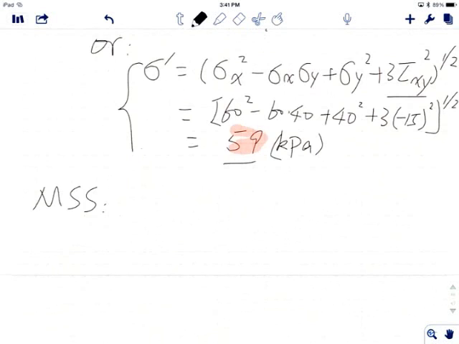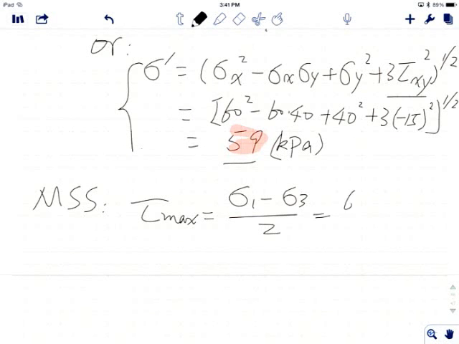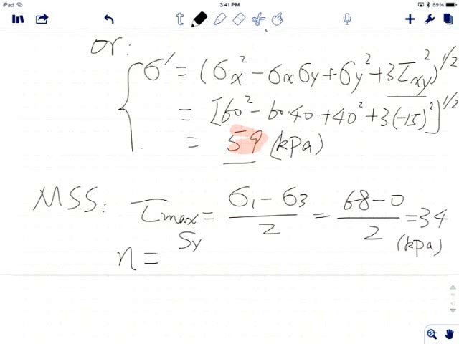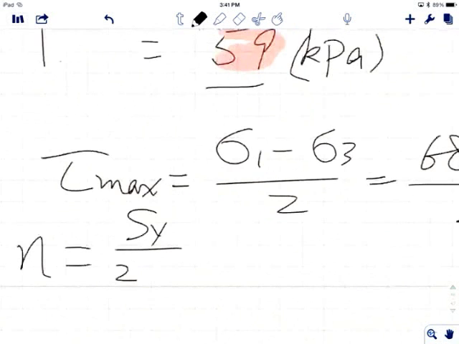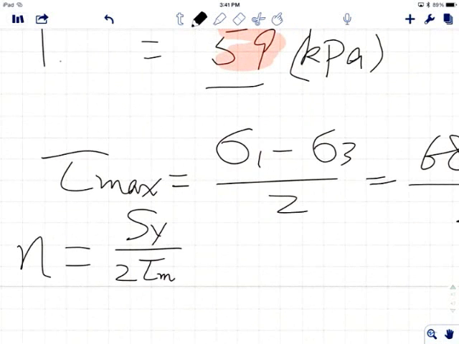For maximum shear stress, we have tau max equal to (sigma 1 minus sigma 3) divided by 2, equal to (68 minus 0) divided by 2, that is 34 kilopascal. This n over here is SY divided by 2 times tau max.